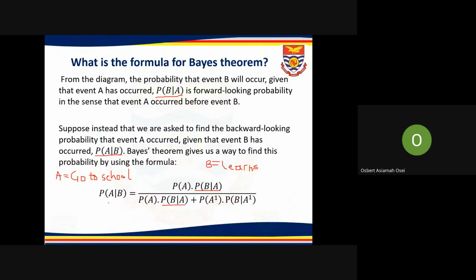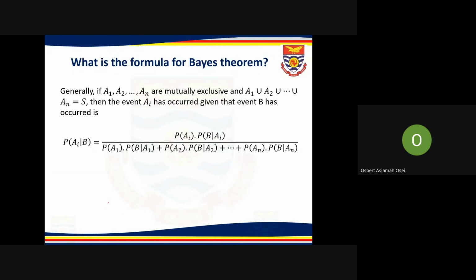So by extension, we can extend Bayes' theorem to several mutually exclusive events, just as we did for the conditional probability. So the probability of A_i occurring, given that B has already occurred. The i can be as many as we want. Let's pay attention here.